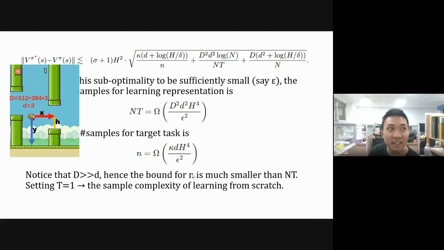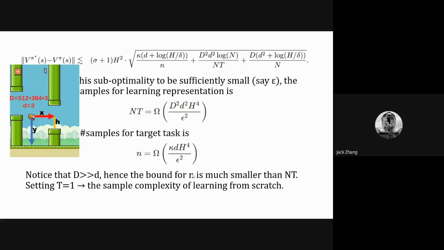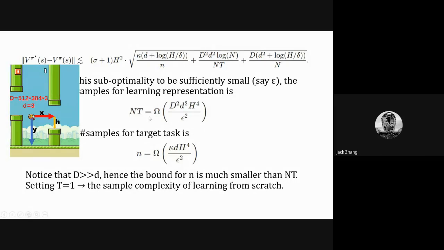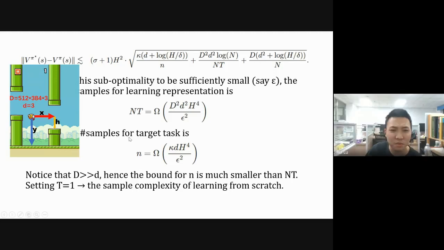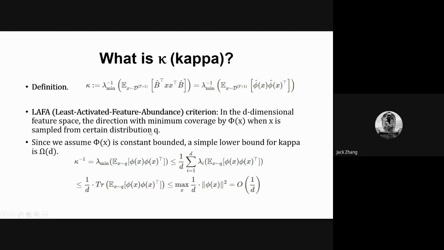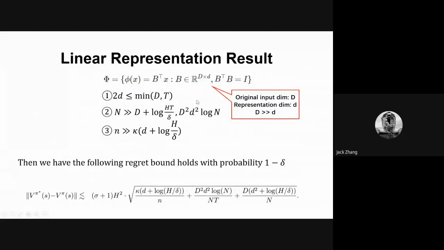What do you mean by the X itself is the feature? So the X is of dimension capital D, right? And we know the transition and reward are also linear functions of the X. Sure, but which X are you talking about? In the previous slides when you defined your phi class, with those three conditions, that X, right?